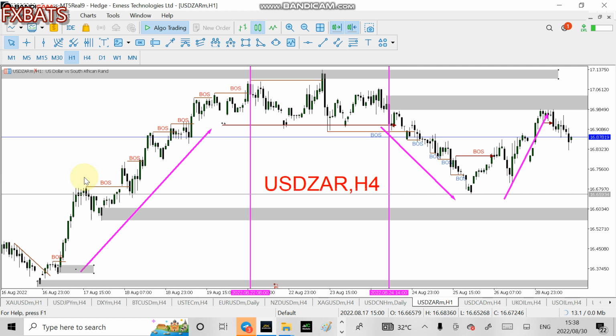So why is it the first higher high? Because now at this zone, the price doesn't have enough liquidity to continue pushing price upside. So it had to first come and retrace. Price retraces in order to fill up the void.